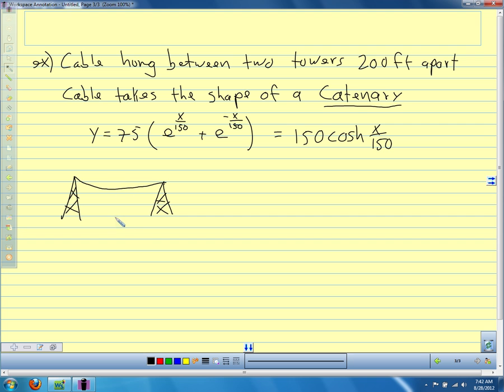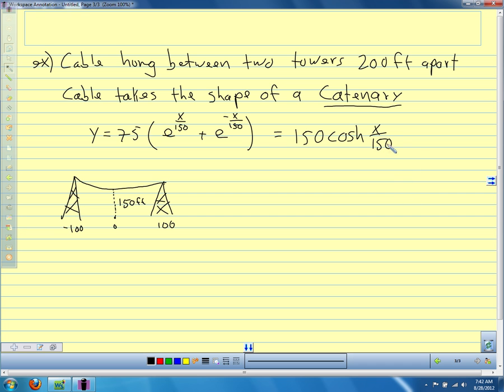If I put my 0 here, this is at minus 100, and this is x equals positive 100. The height right in the middle is 150 feet. So the cable sags enough so that it sags by 50 feet in the middle. So that's where that 150 comes from.